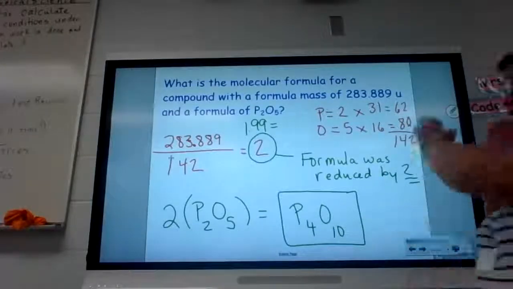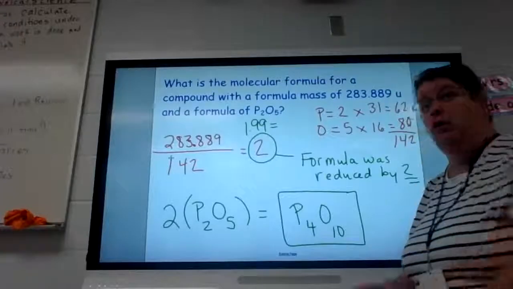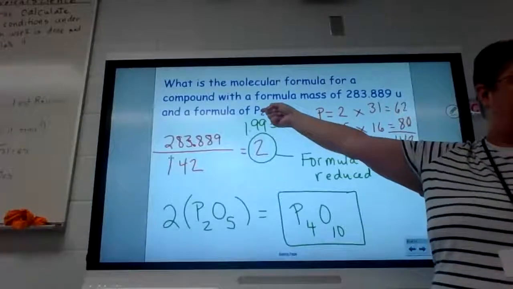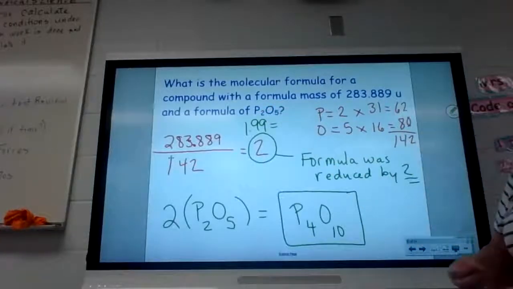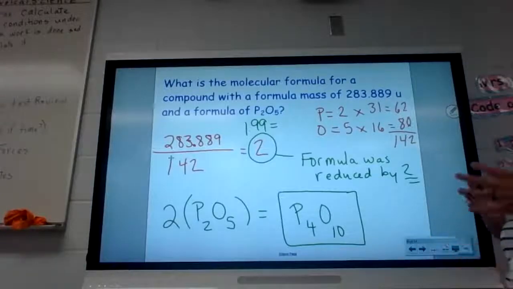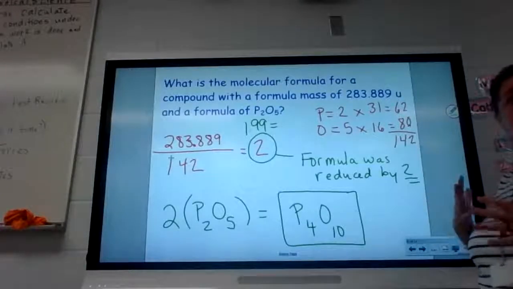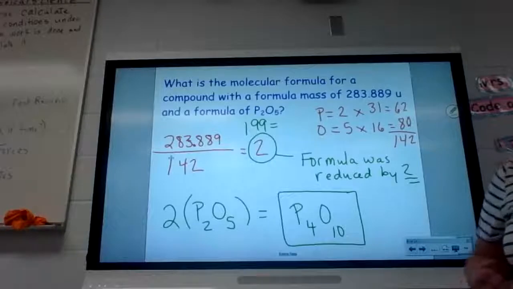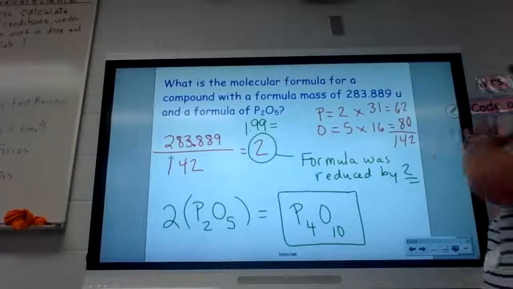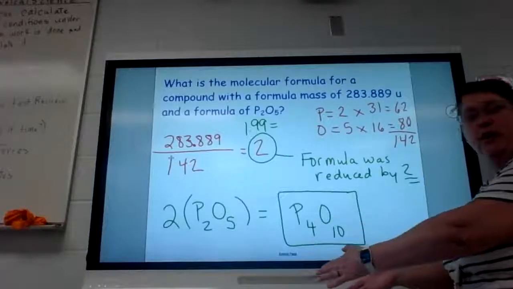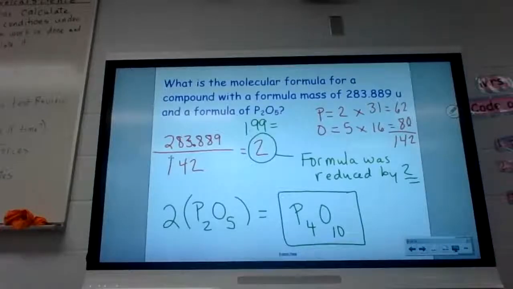If you reduce the answer, you go back to what was in the question. Don't reduce here, because you're trying to figure out what it was before it was reduced. Every year I have people who scratch out their work at the end and reduce. Don't do that. That's not the point of this question.